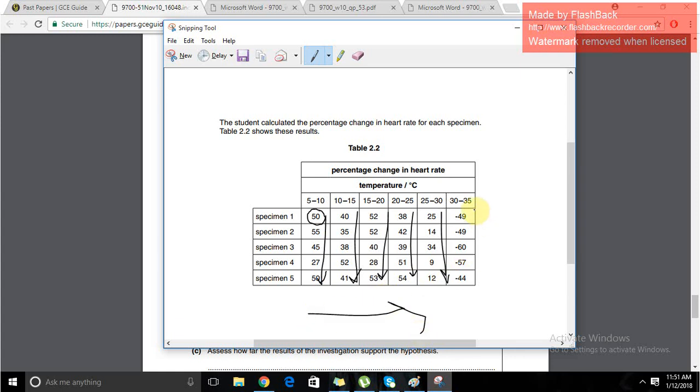So it would be a good idea to rely on the percentage decrease also following a similar pattern.